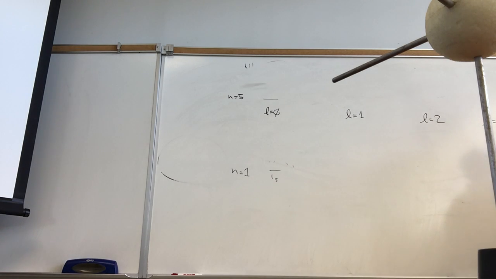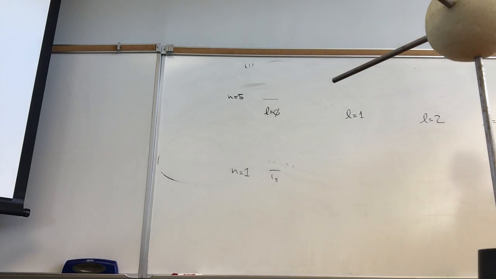Tell me when I should stop. I should stop now because I ran out of room, but should I write L equals 6? Continue it down here? No. Is this good? We'll stop at L equals 5? Should we stop at L equals 5?